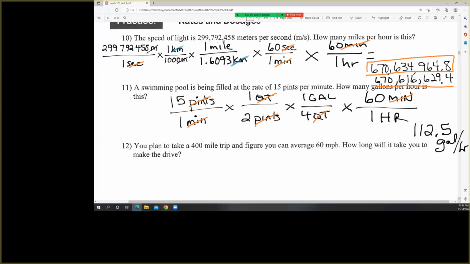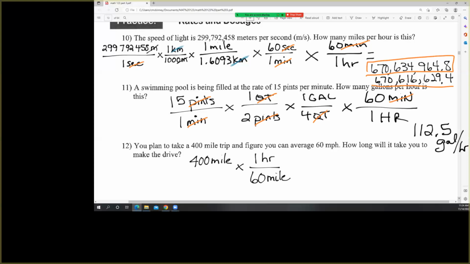I think most of us would just know we could do 400 divided by 60 here, but thinking of how this would work using our multiplier, 400 miles on top. The 60 miles per hour, the 60 is going to be on the bottom, 1 hour on the top.